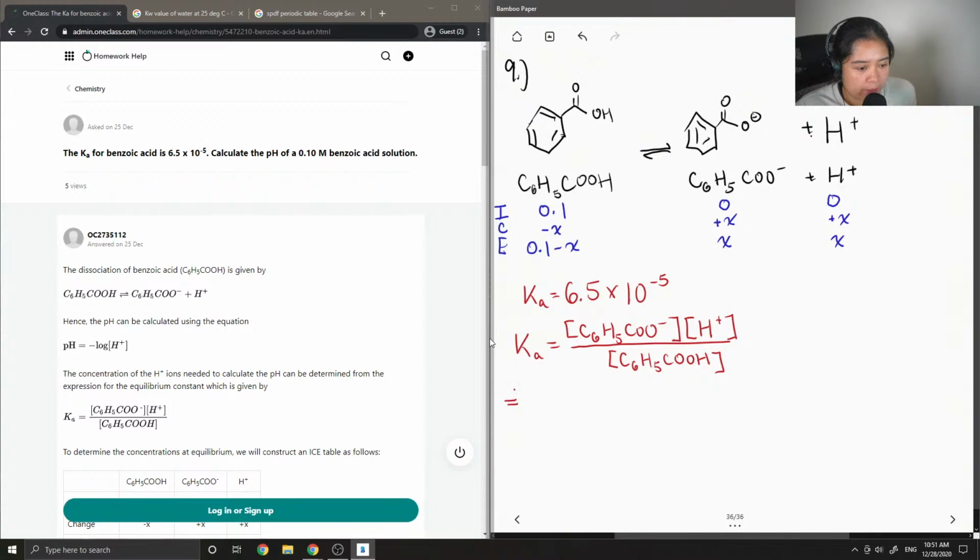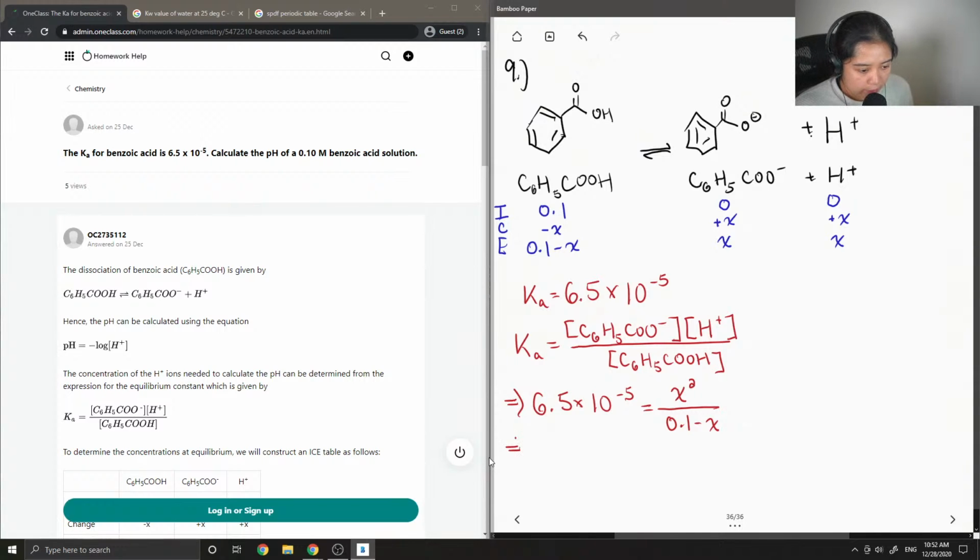Okay, so let me sub in the values that we know. We know Ka is equal to 6.5 times 10 to the negative 5. And at equilibrium, we know that both the concentrations of our products is equal to x. So when you multiply x times x, you get x squared, and the concentration of our reactant is 0.1 minus x at equilibrium. So now we just need to solve for x.